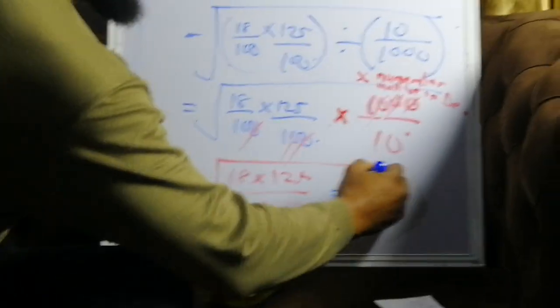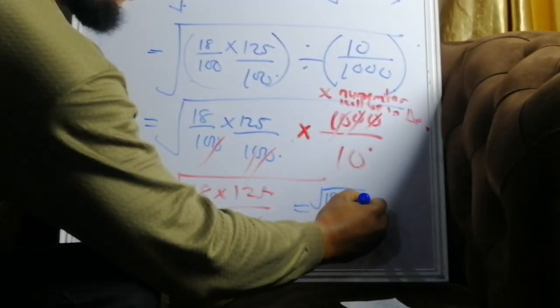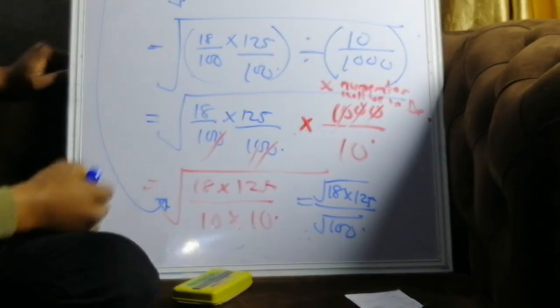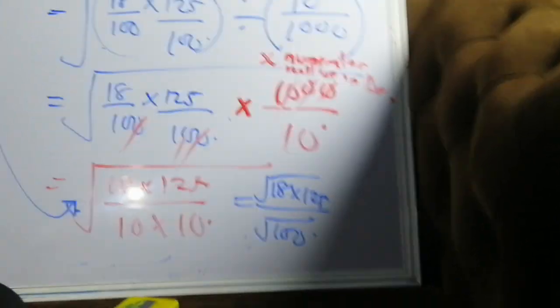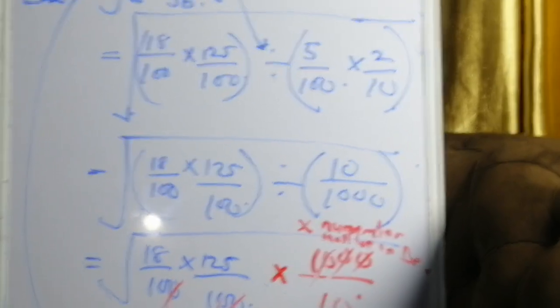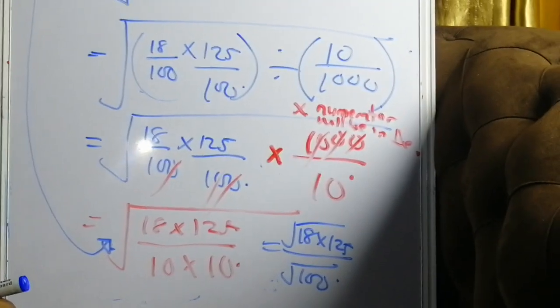Now this one will now be root 18 times root 125 over root what? 100. Do you see it now? So division law, we are applying it here. Root 18 times root 125 over root 100.